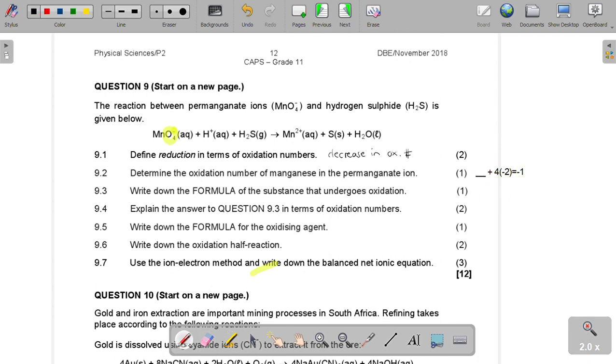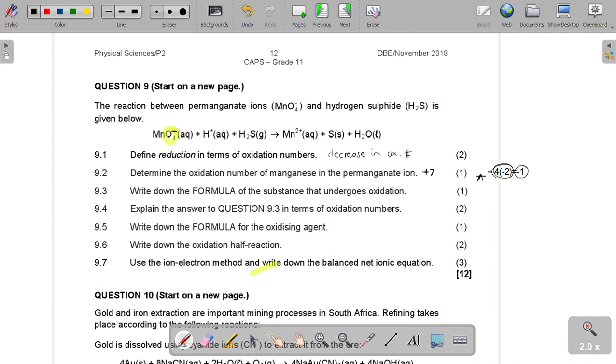So that's where I got this little equation from, where I say that whatever plus -8 must give me -1. So if you use that, then it's easy to see that that has to be +7. En jy kan dit net so skryf.